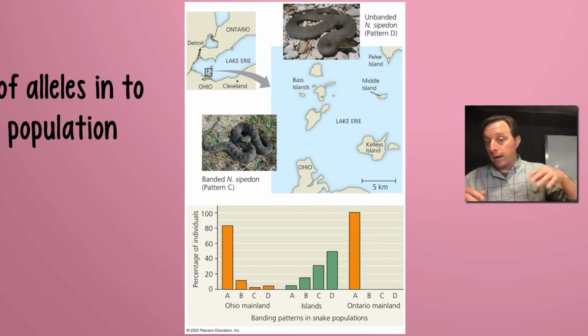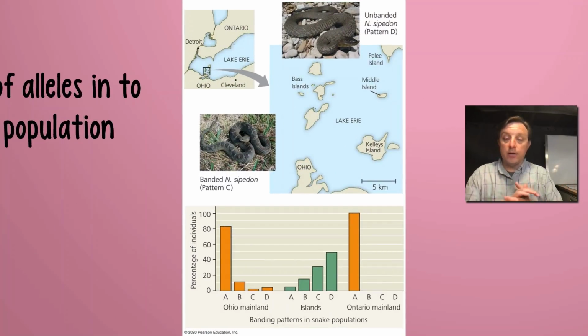And a quick example, an illustration of that: these two snake populations on the Ohio mainland and on the Ontario mainland, and then on an island very close to Ohio. The snakes can travel between the Ohio mainland and the islands, so they are reproducing. The Ontario mainland, a little bit further away, that population is more isolated.